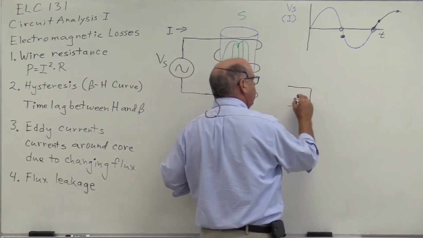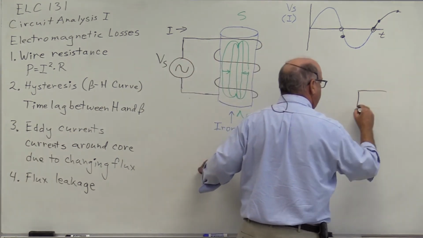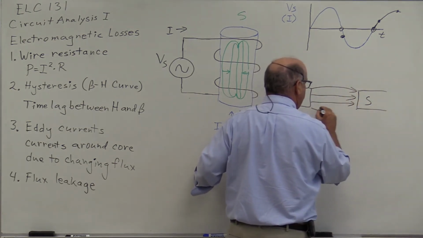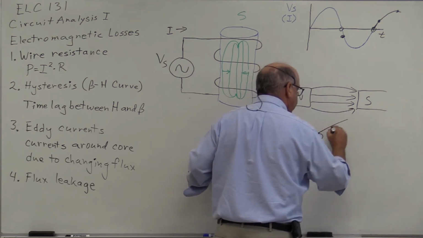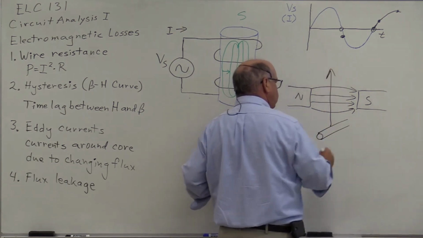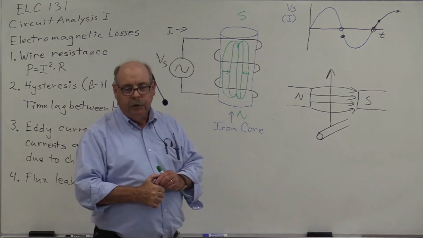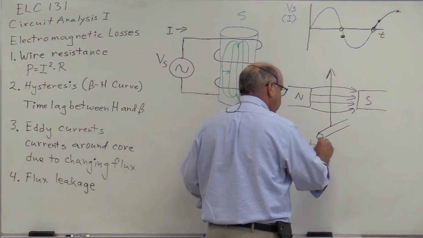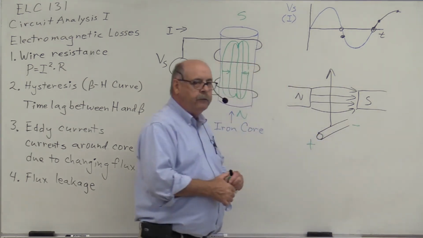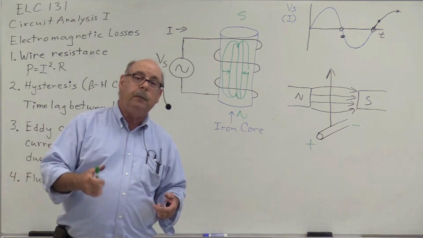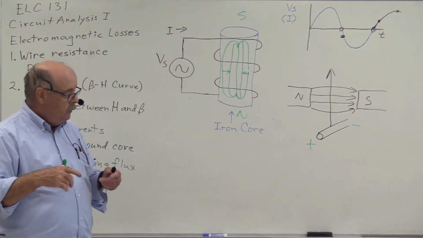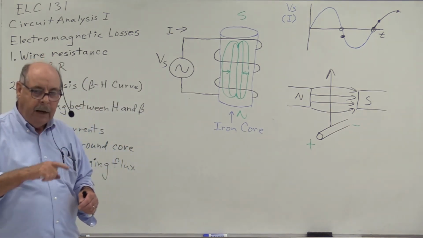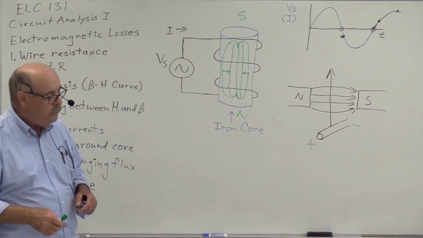And remember that when I have flux existing and I move a conductor through that flux, I will induce a voltage in that conductor. And if there's a path or closed loop, I'll have current. As you hopefully understand by now, if I have voltage and there's a path or closed loop, we'll have current.